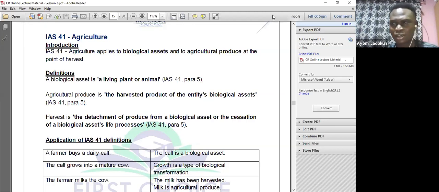So in case you meet it in your exams, it will take you 10 to 15 minutes to solve whatever question is set on agriculture. That's why looking at it earlier, so that we don't forget it, is very important, because it forms part of your syllabus. In the next 20 to 30 minutes, you should be able to deal with IAS 41. So I want to believe we are ready for today's class.